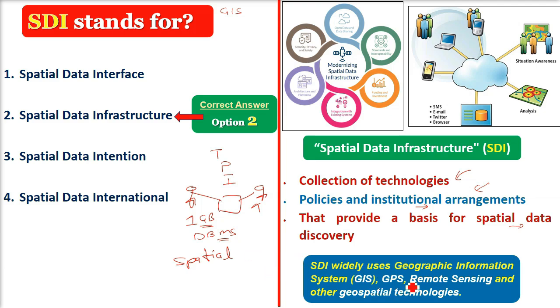It also uses the GPS, that is the Global Positioning System, remote sensing, and there are other geospatial technologies also. So this SDI is a combined infrastructure of all these technologies which I talked about. And this is all about spatial data discovery or spatial data finding.